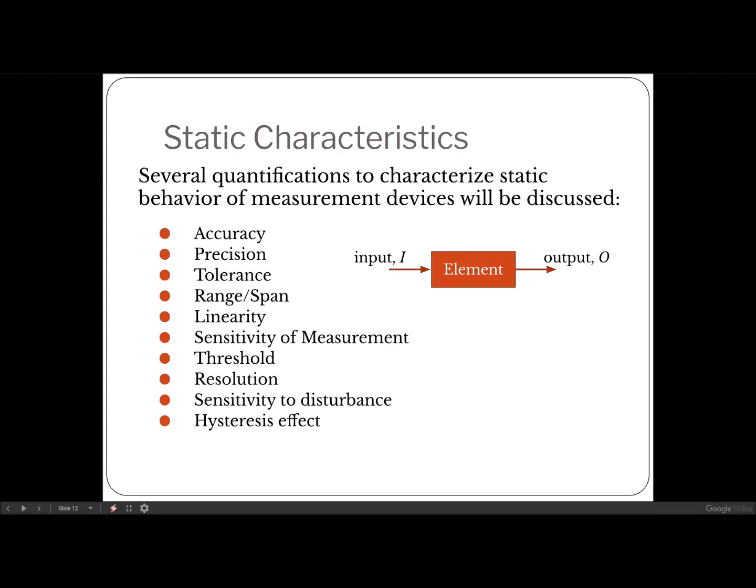So that is what I meant. Whenever I say input, I'm referring to the entity that we want to measure, and whenever I say output, that is the output shown by the measurement device.